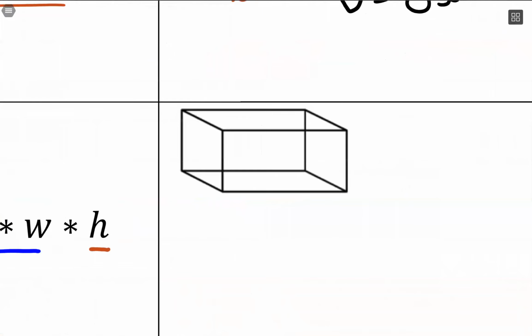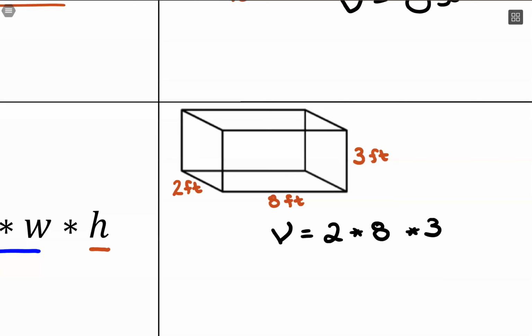I'm going to say this is 2 feet, and let's make this 8 feet and a height of 3 feet. So for volume, we'll just take 2 times 8 and then multiply that with the height, and that should be 48. And then we're using units of feet, so we'll cube it.